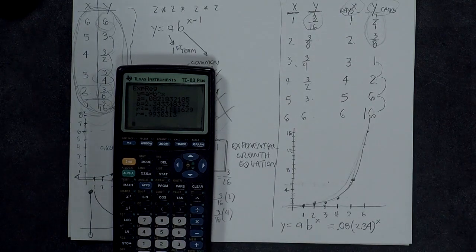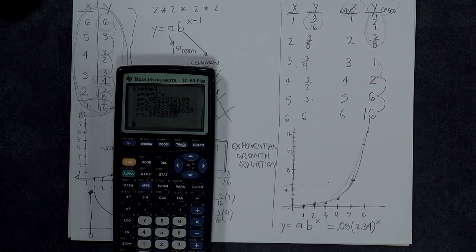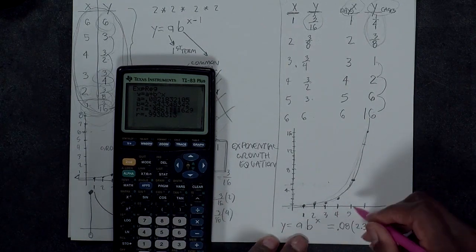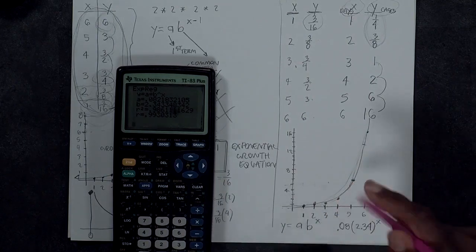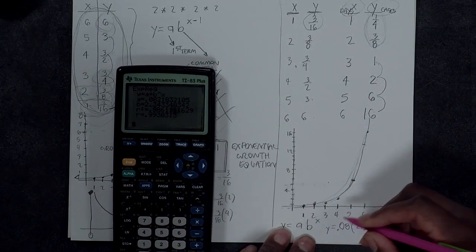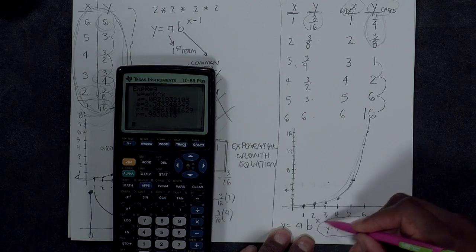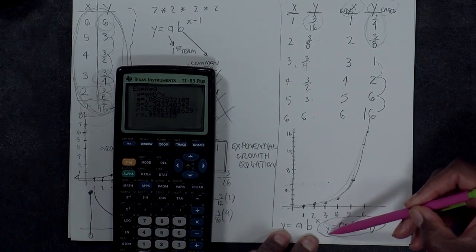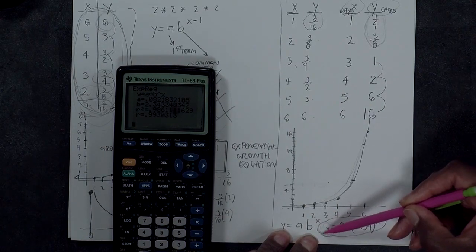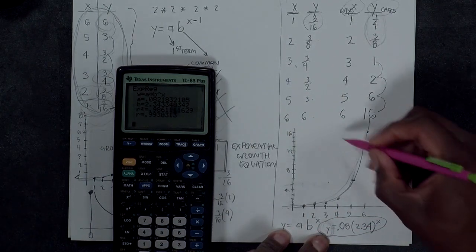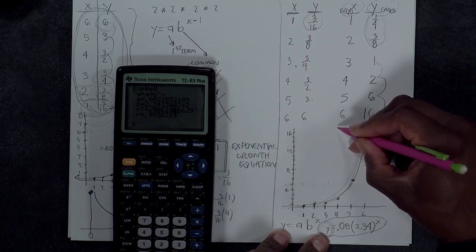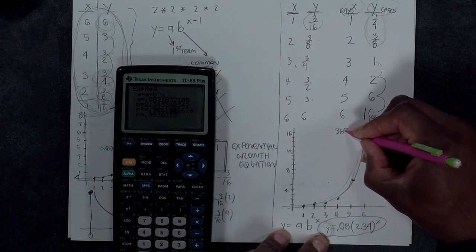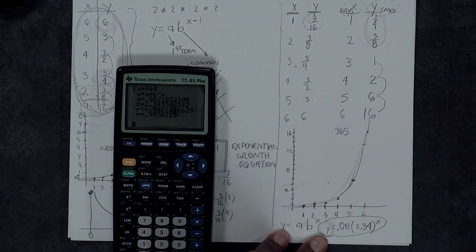All right. So what could we do with that? Well, now that we have an equation, we can extrapolate. We can forecast how many cases of COVID will we have after 1 year, 365 days, if this goes unchecked.